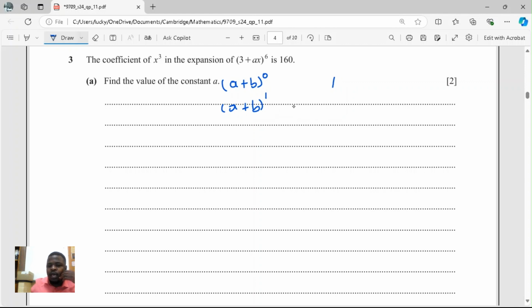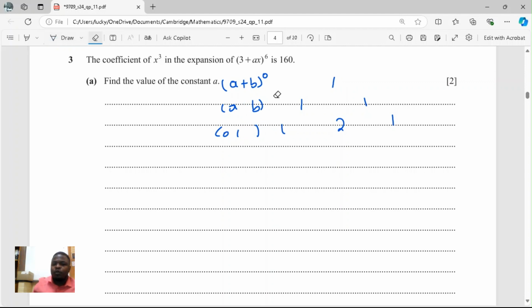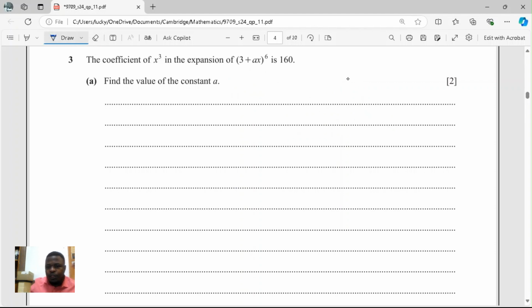If I have (a plus b) squared, that will be 1, 2, 1, hence a squared plus 2ab plus b squared. So let's finish this Pascal's triangle so that everything becomes a little easier. Let's work with the coefficients.